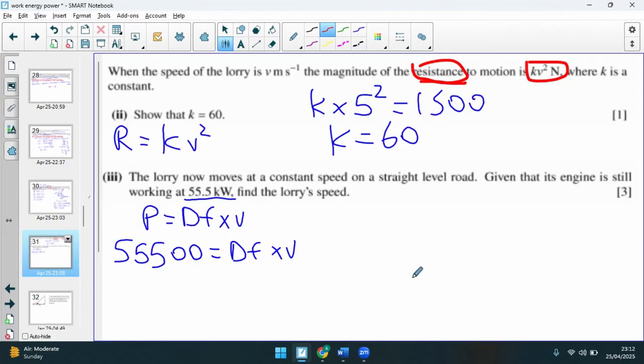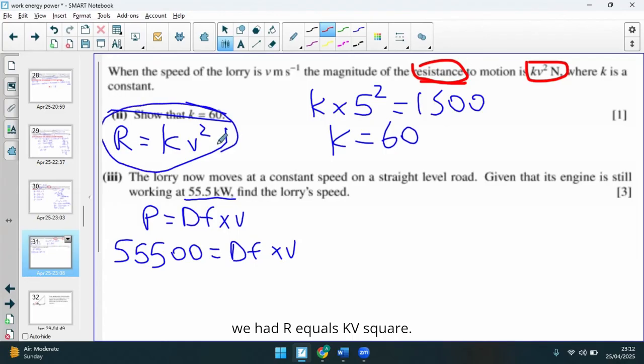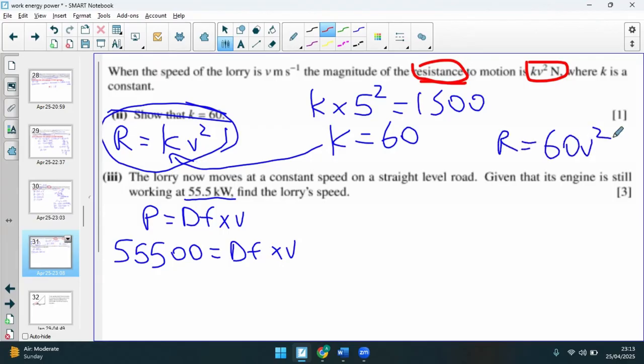Now, if you go back to the double I, we had R equals kV square, and K is 60, right? So what that means is R is equal to 60 V square. This is your driving force.